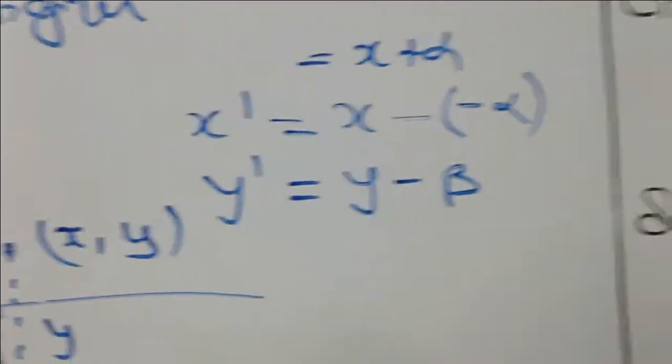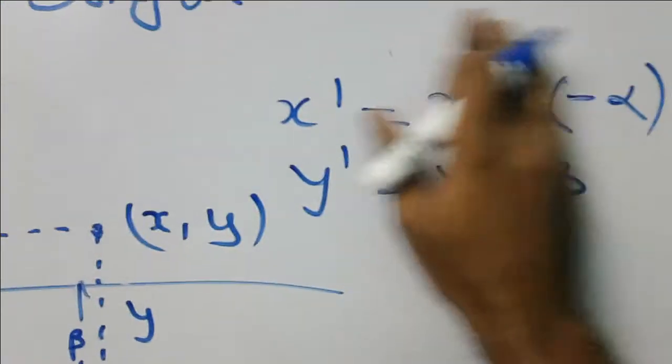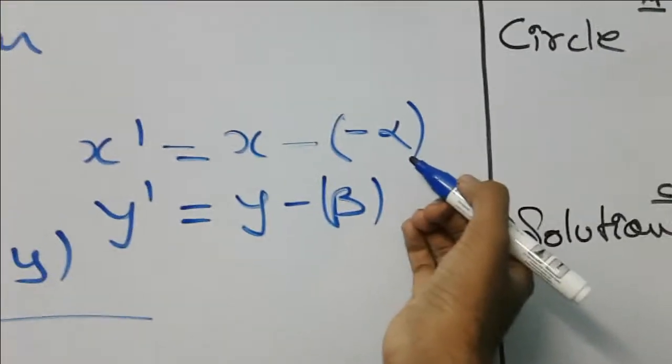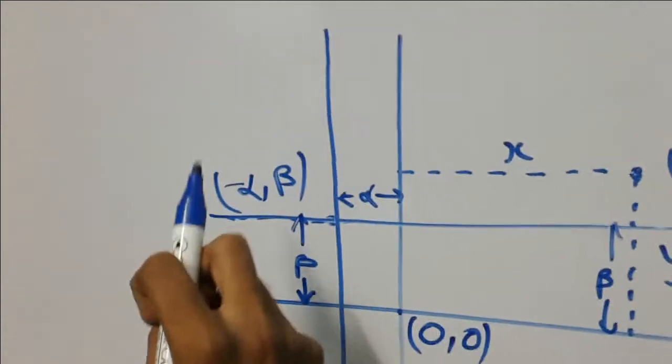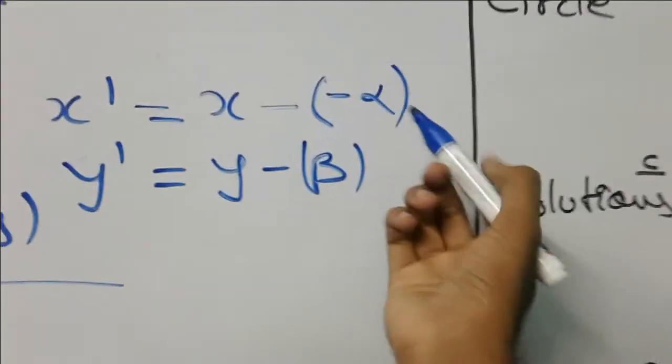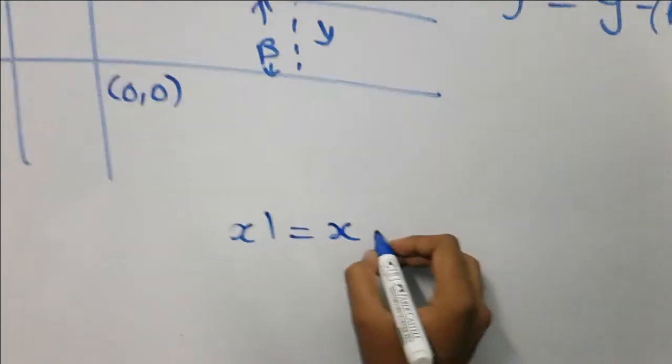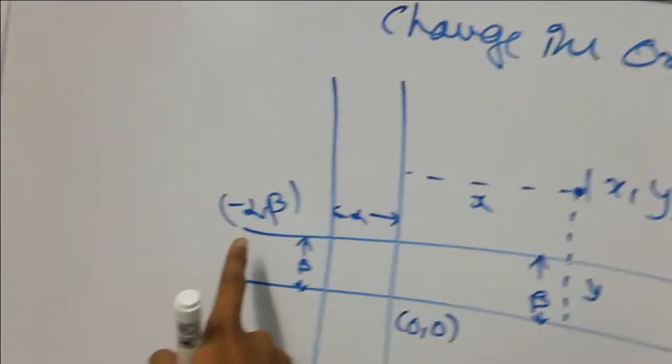By this, I think I solved most of the question. Our new origin coordinate was minus alpha comma beta, and here also we have minus alpha and beta as coordinates. So at the end, the new x coordinate of this point will be equal to the initial value of x subtracted by the x coordinate of the new origin.